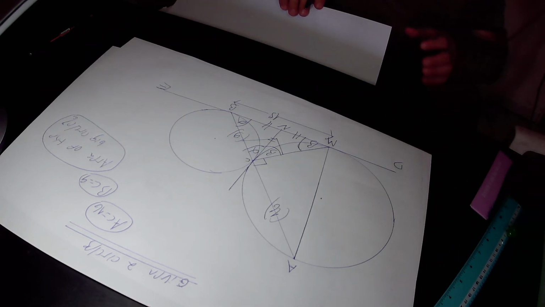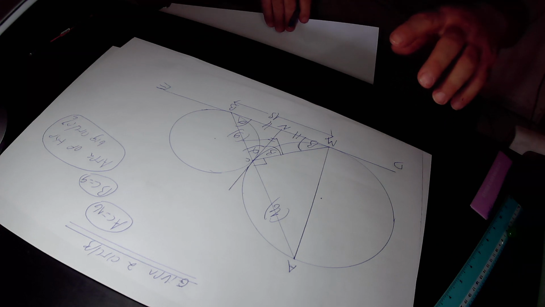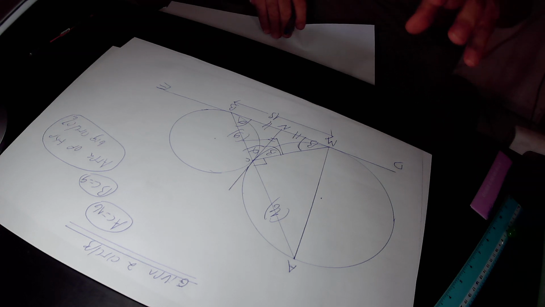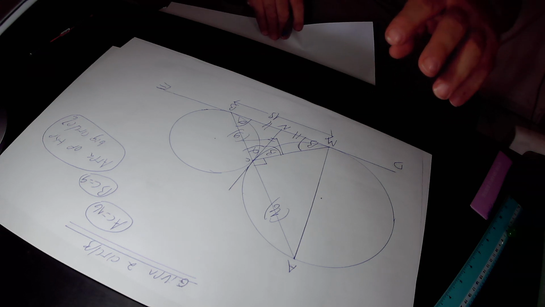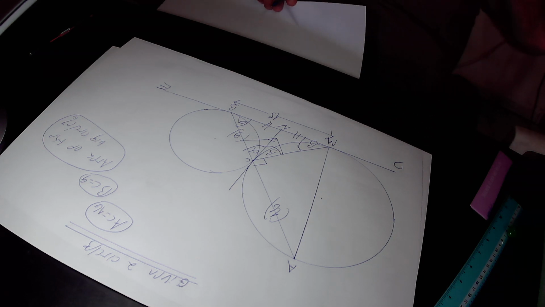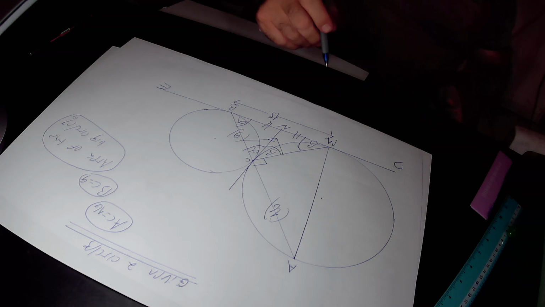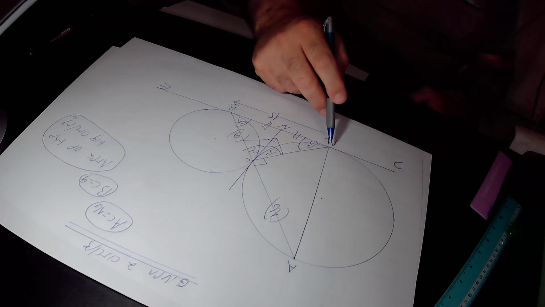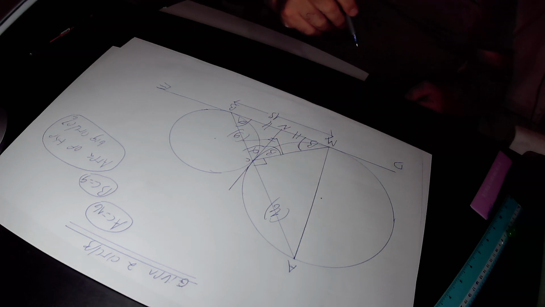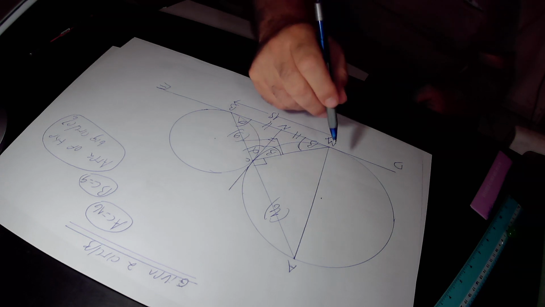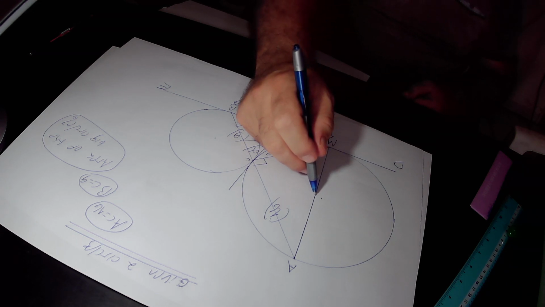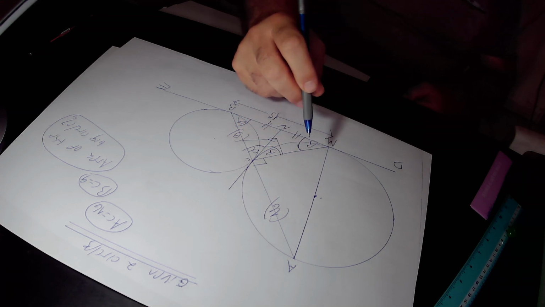We also know that the center of the circle must be located on the diameter of the circle. So here the center of the circle must be located on AM, that is the diameter of this circle. So this is the center of this circle.